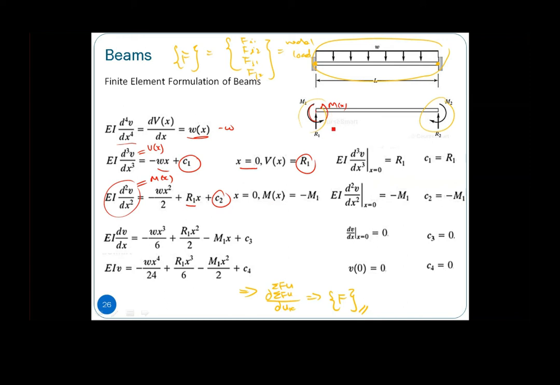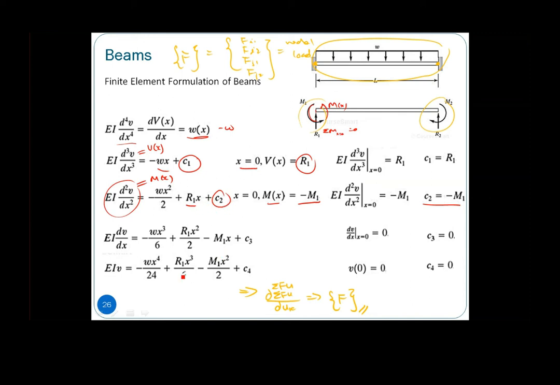Using the summation of moments at x equal to 0 as static, we find that Mx plus M1 equals 0, so Mx equals negative M1. Substituting, our C2 is minus M1, so the moment equation will be negative wx^2/2 plus R1x minus M1.